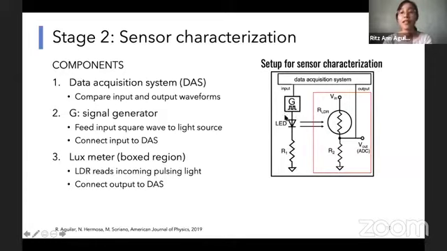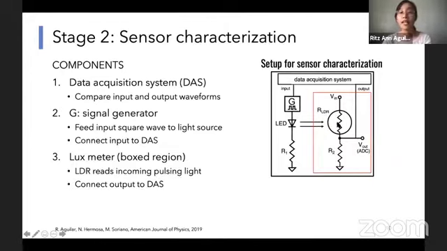And then you feed a square wave, for example. What we want to do is to compare the input signal coming from the square waves, from the function generator, with the output that's detected by your light dependent resistor.